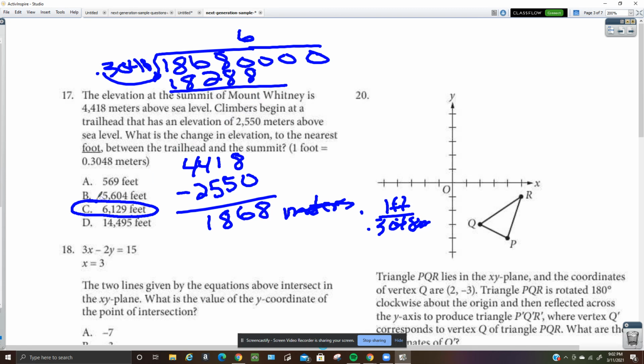So I know it starts with a 6, and that answer starts with a 6. I don't have to do any further.